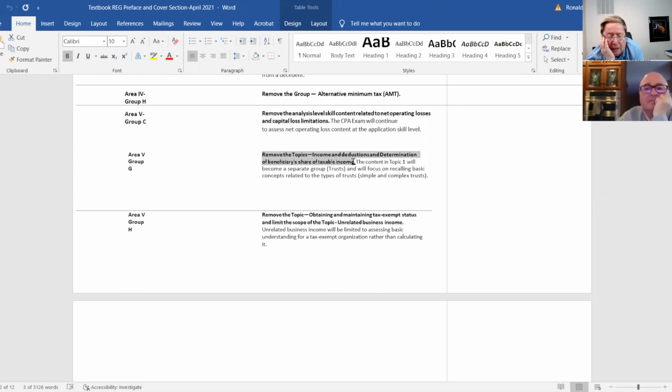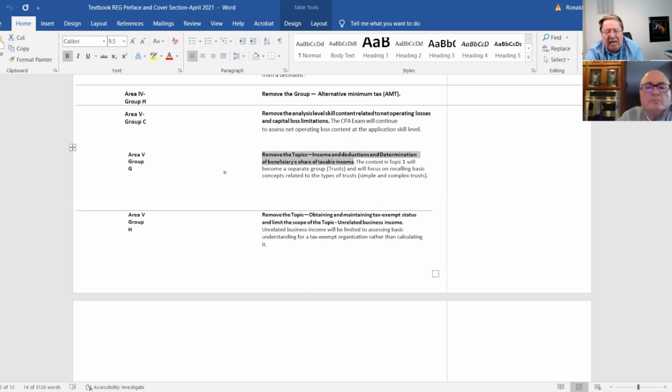Income deductions, determination of the beneficiary share of taxable income. The content in topic 1 will become a separate group, trusts, and will focus on recalling the basic concepts dealing with simple trusts and complex trusts. So what's going to happen now is they're not going to give you the Form 1041, the U.S. fiduciary return for a trust, which shows the income of a trust minus the expenses.